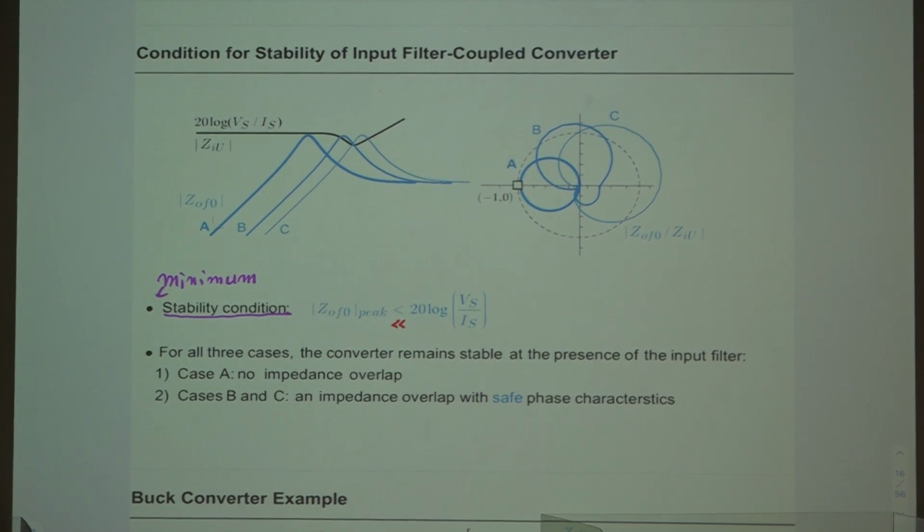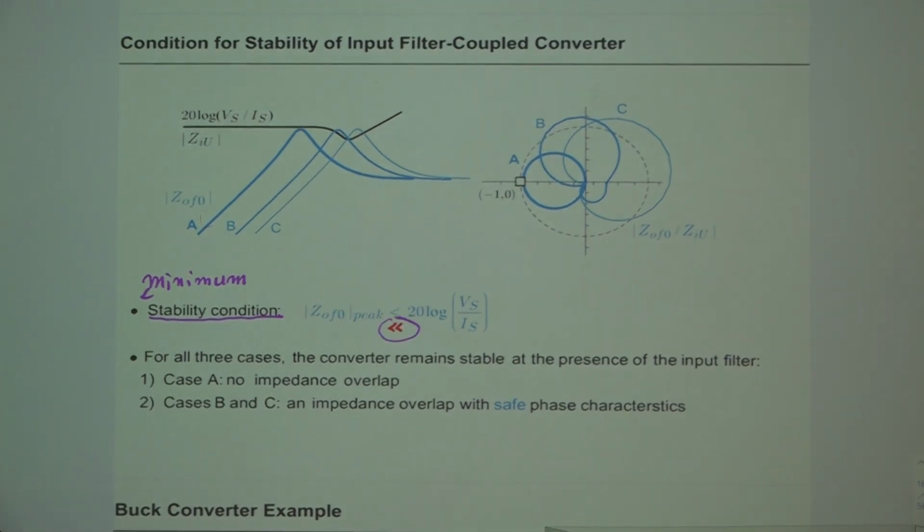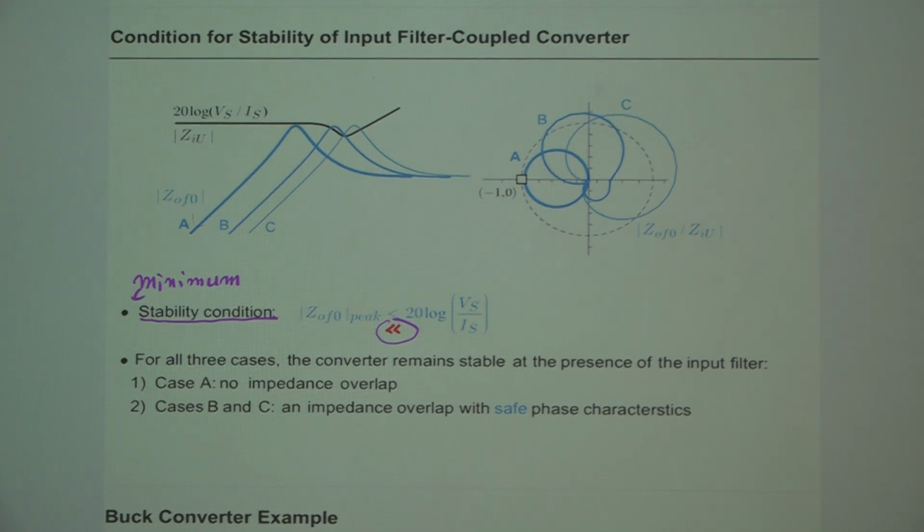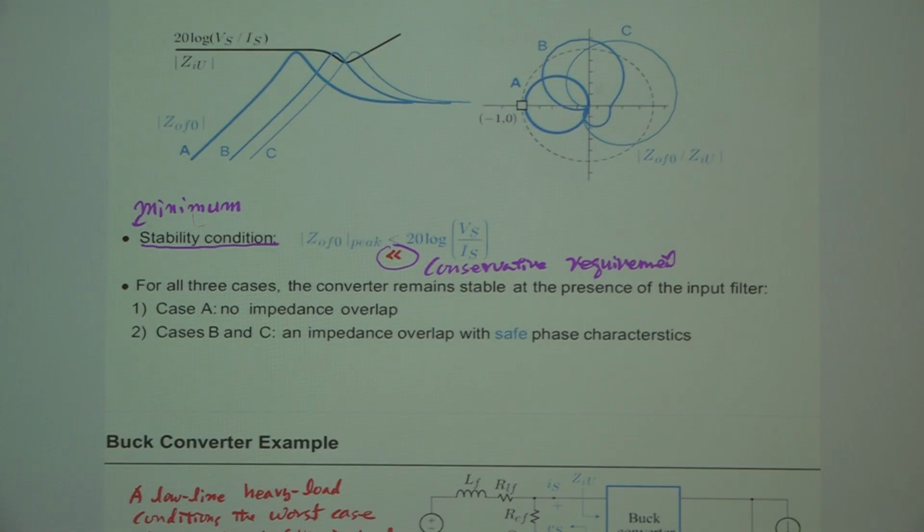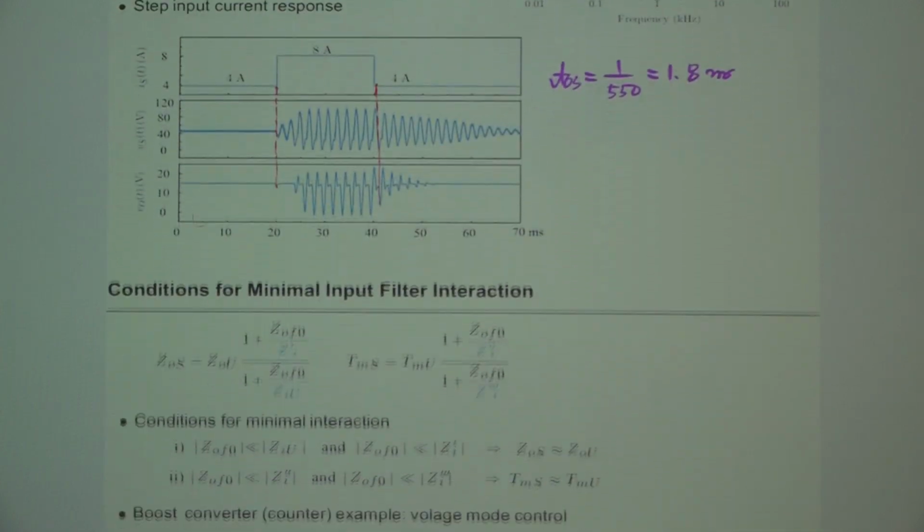And maybe this with this double inequality can be considered a conservative requirement, right?